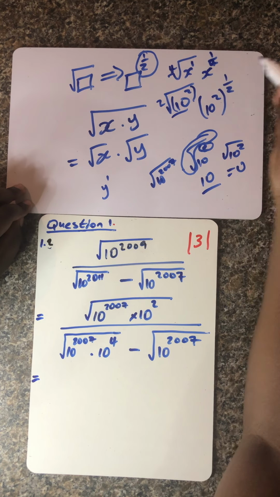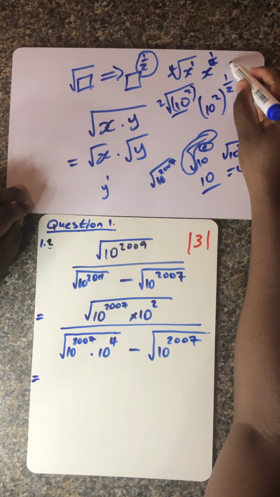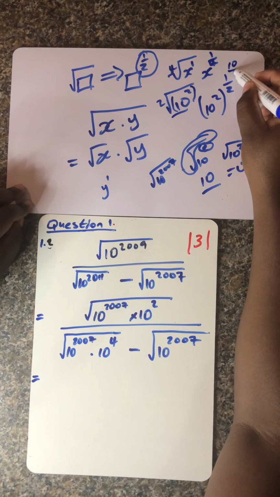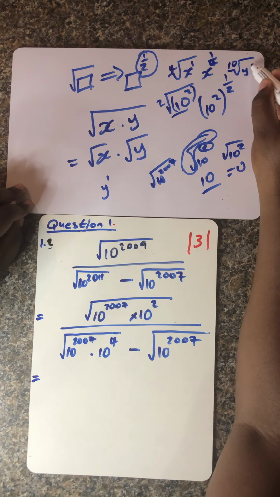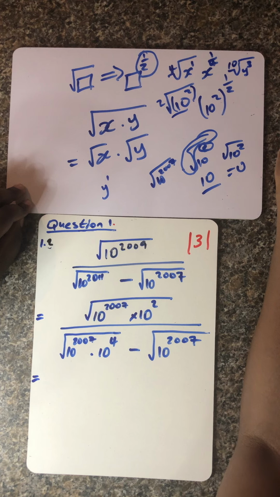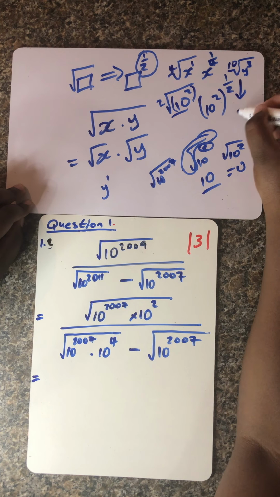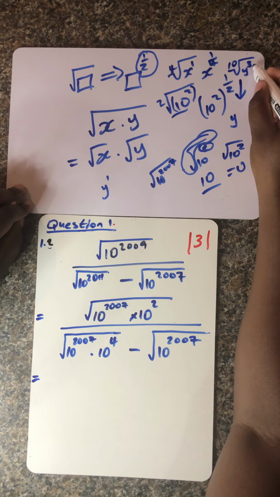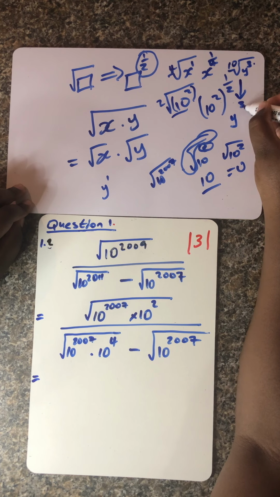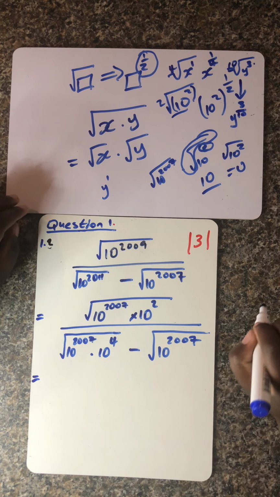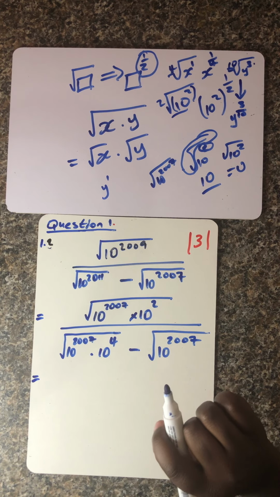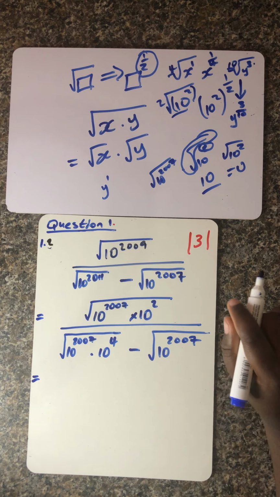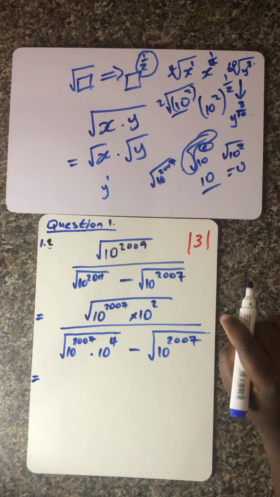So if you have, let's say, the 10th root of y to the exponent 3, this is the same as y to the exponent 3 over that 10 over there. Guys, let me leave it there because I hope you now have an idea of what I'm trying to explain to you guys.